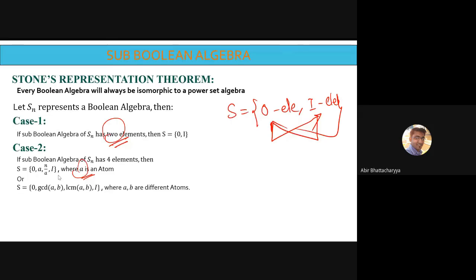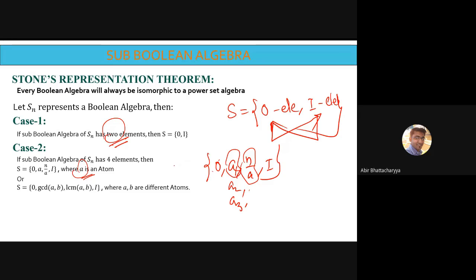So whenever we have 4 elements in the sub-Booleans, the first structure is going to be 0, a, n by a, I. The a's are going to be your atoms. So if there are 3 atoms, we will put a1, a2, a3, and depending on that, we go for the complement. So a is a complement of n by a, and 0 is a complement of I. Why did I put n by a?